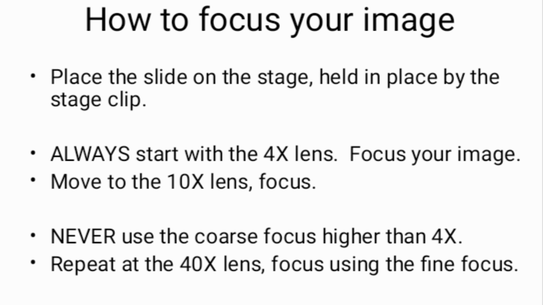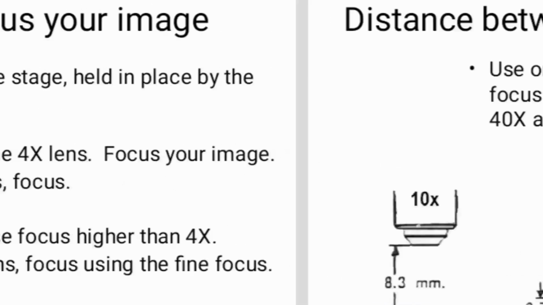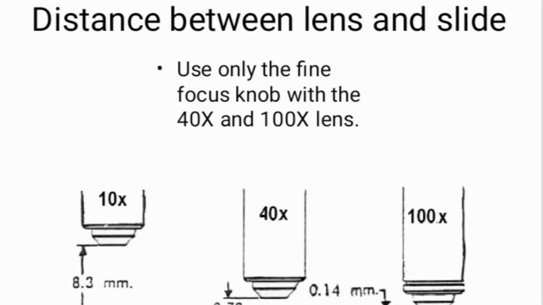Just use the fine adjustment to fine focus your image. If you raise the stage after getting your focus, you might break the specimen slide. So mind the distance between lens and slide. Use only the fine focus knob with the 40 times and 100 times lens. You can study this more.